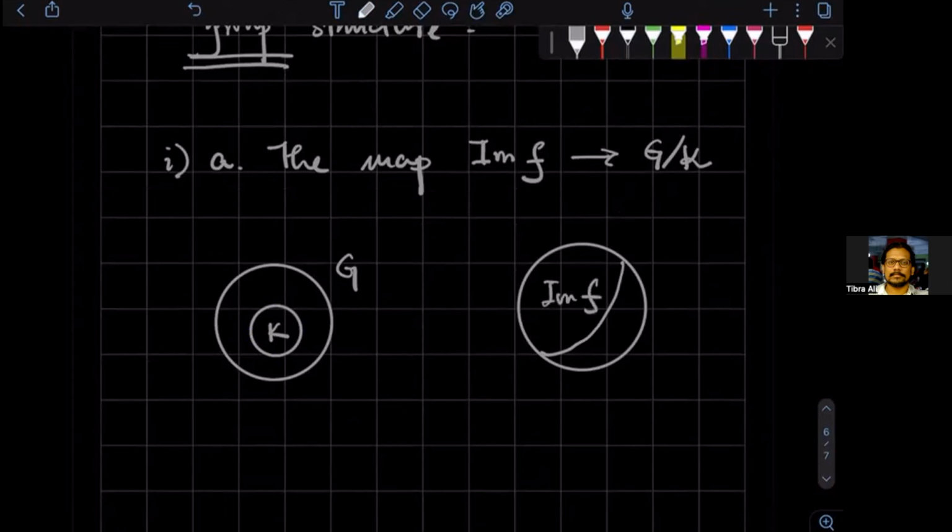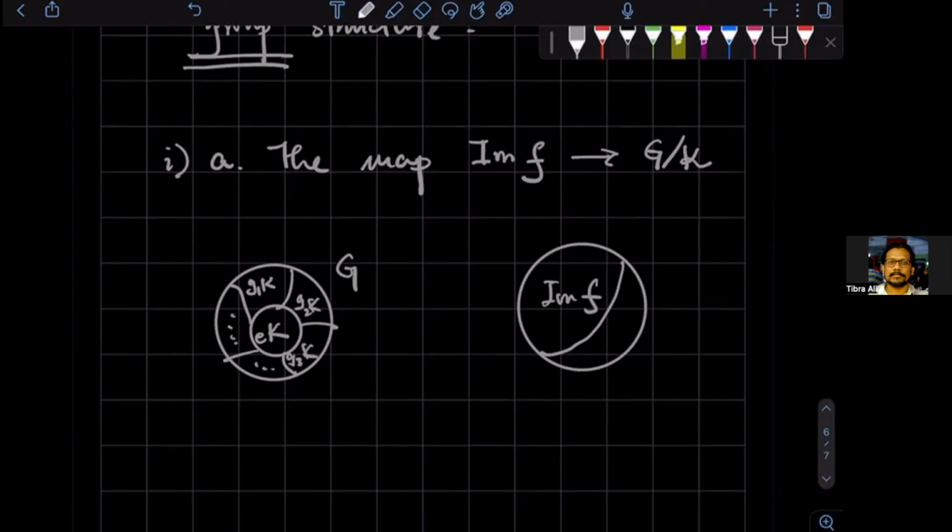When we are thinking of G over K, we partition G into disjoint subsets. So there'll be G1K, and K is just EK, the identity element of G over K. Then we have G2K, G3K, and so on.